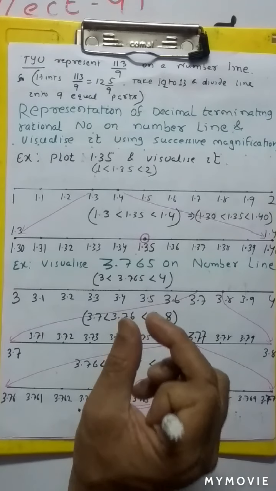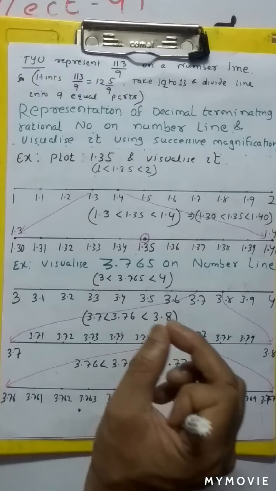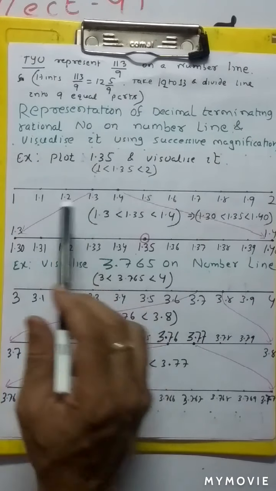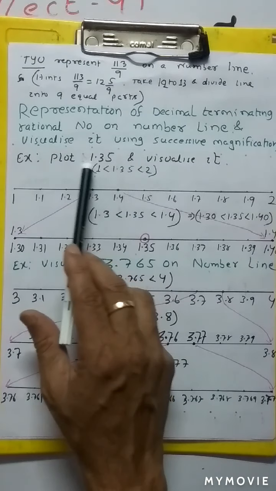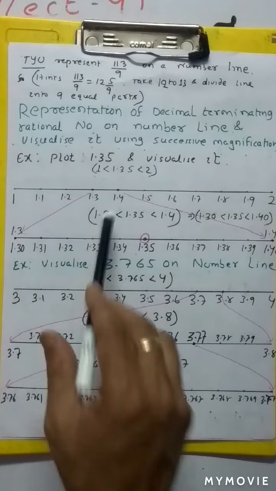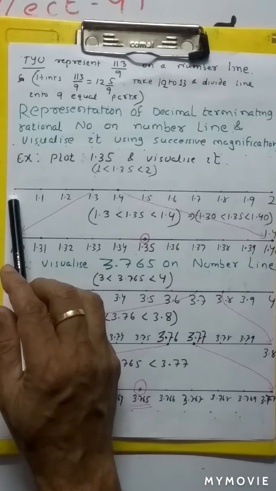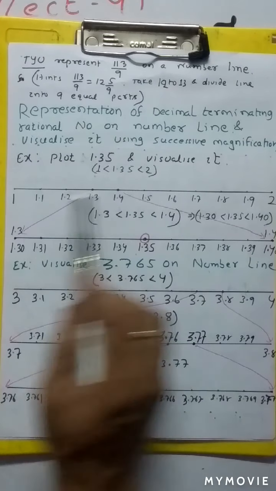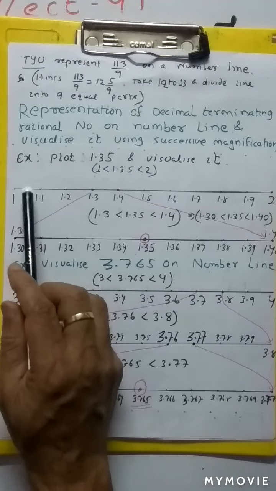In the scale, suppose you have to represent 1.35 centimeters. If you take your scale, from 0 to 1 centimeter the distance is very small, so you cannot physically visualize 1.35 on that number line. So how will you visualize this very small number on the number line?